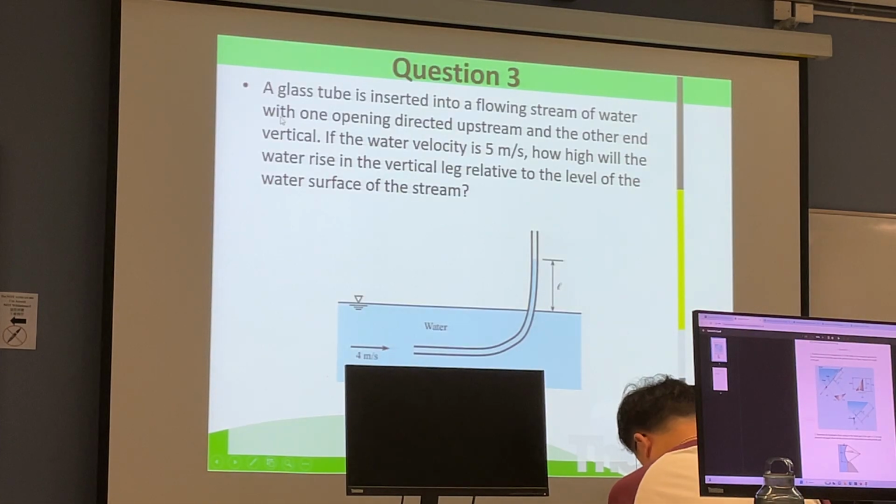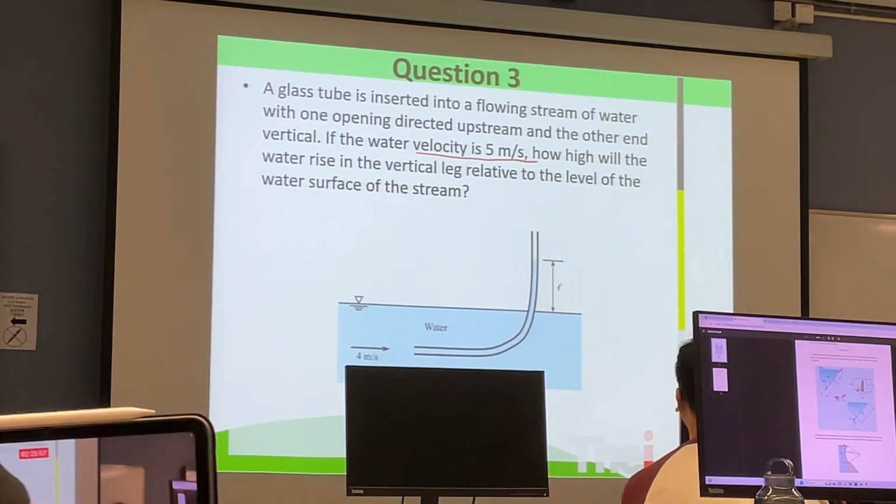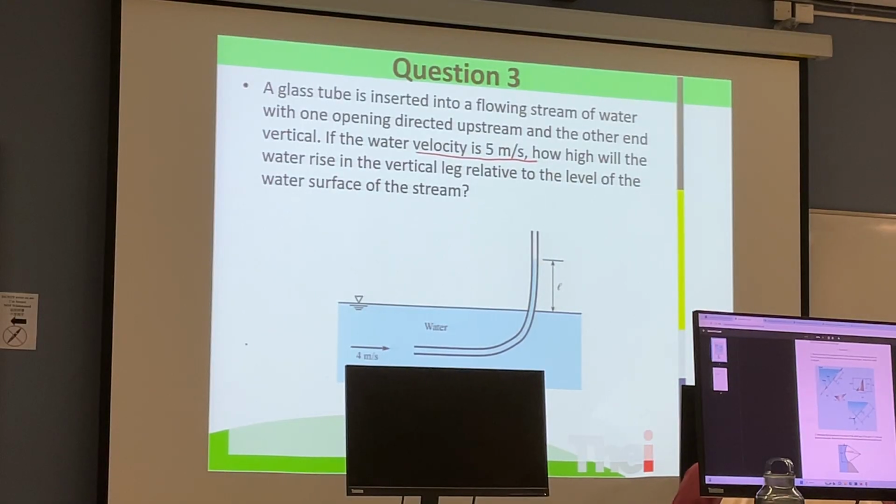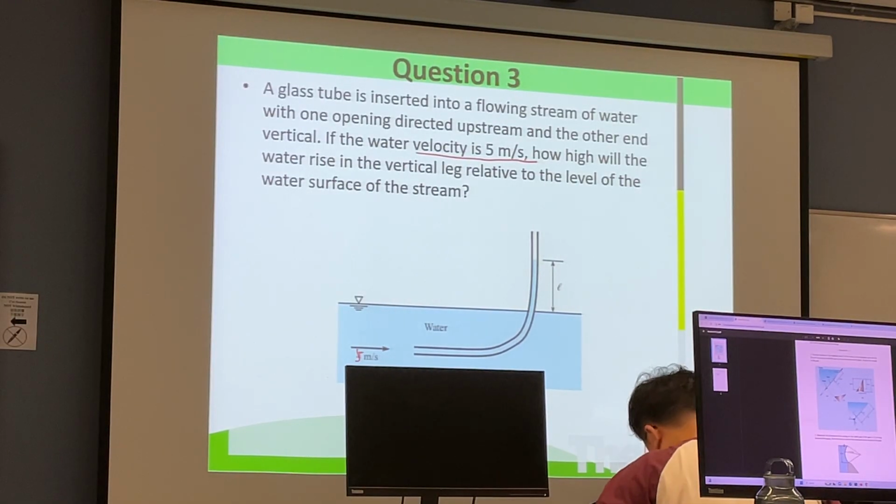Question 3: a glass tube is inserted into a flowing stream of water with one opening directed upstream and the other vertical. If the water flow velocity is 5 meters per second, it seems that there is a conflict. Here is 5, here is 5, but the figure shows 4.